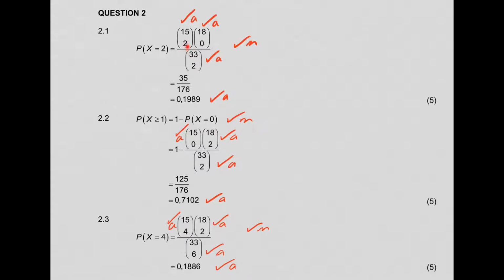The remainder of the girls are 18 of them from Bears, and we want 0 of them because we don't like Bears. Right, and then in the denominator, we have the total, 33, which is the sum of 15 and 18, choose 2, the amount in total that we're choosing.